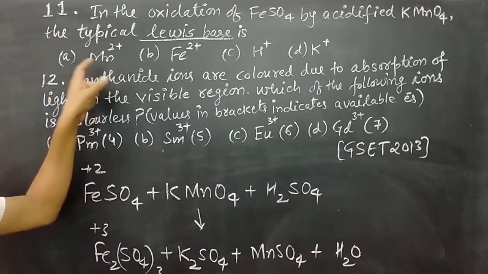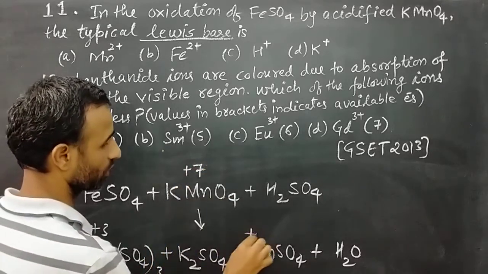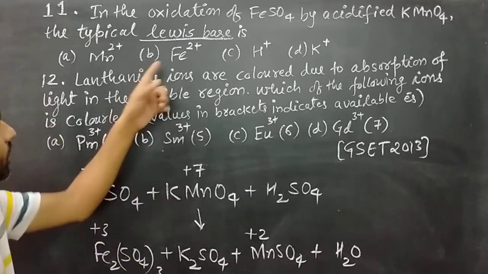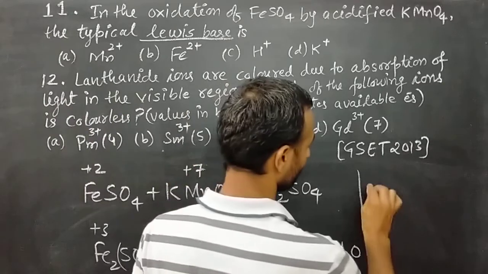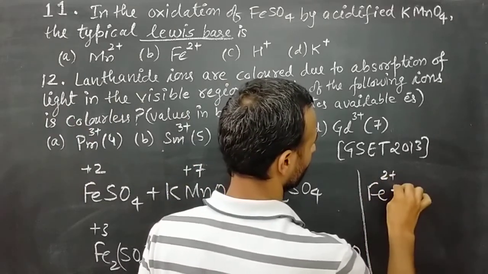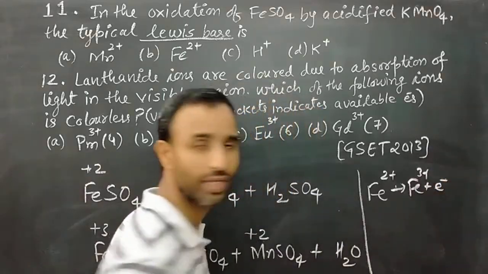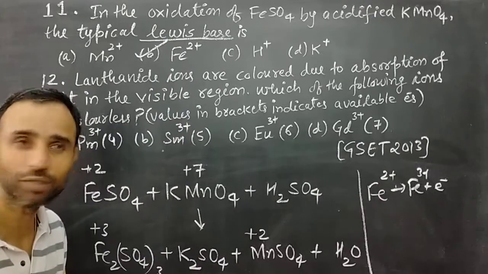So Mn2+, here it is +7, it is +2. So it is not a Lewis base. Fe2+ changes into Fe3+. So obviously Fe2+ loses 1 electron to give Fe3+. That means Fe2+ is the typical Lewis base.